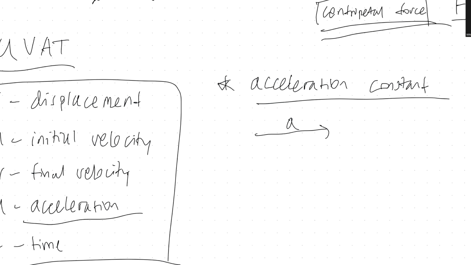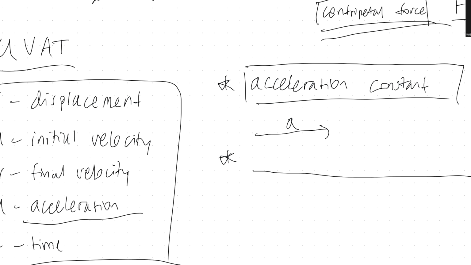And so that is the assumption that we will make in the following equations. Furthermore, to simplify things further, we only consider one directional motion. So basically, we consider the motion of the objects in one line only. Your object can move forward, your object can move backward, but it can't move, let's say, up or down.